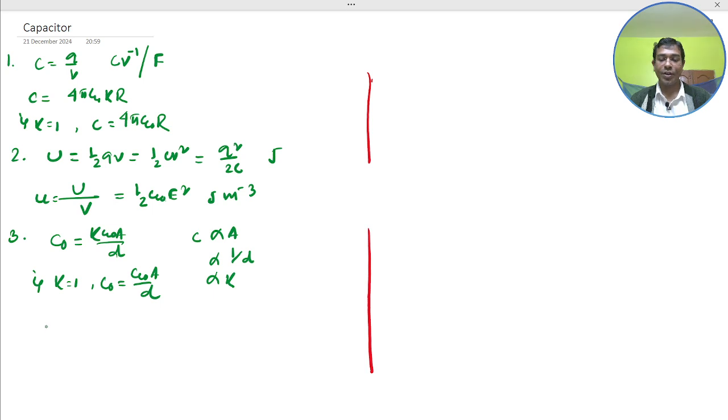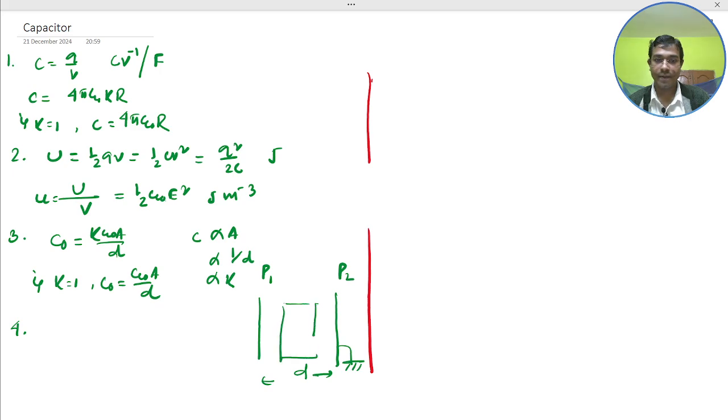Now the capacity of a parallel plate capacitor filled with a dielectric substance, this is important. This is a plate P1 and this is another plate P2. This distance is D, with earthing here, and this is the dielectric.